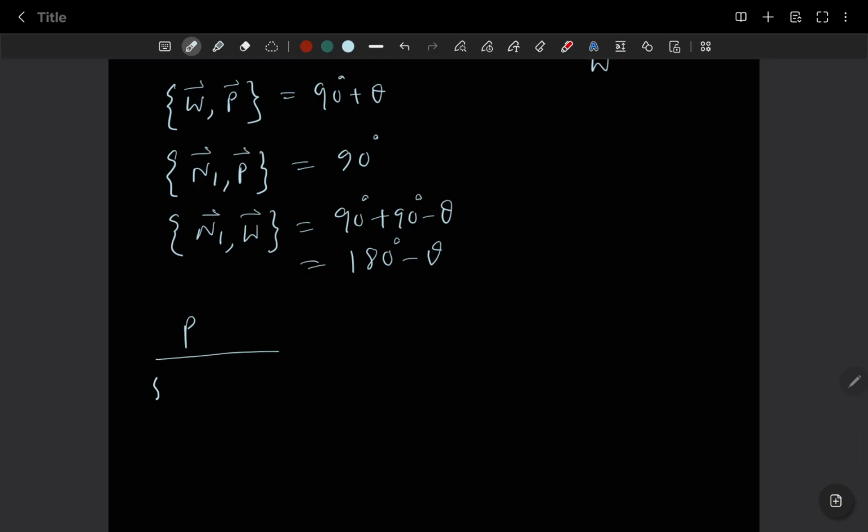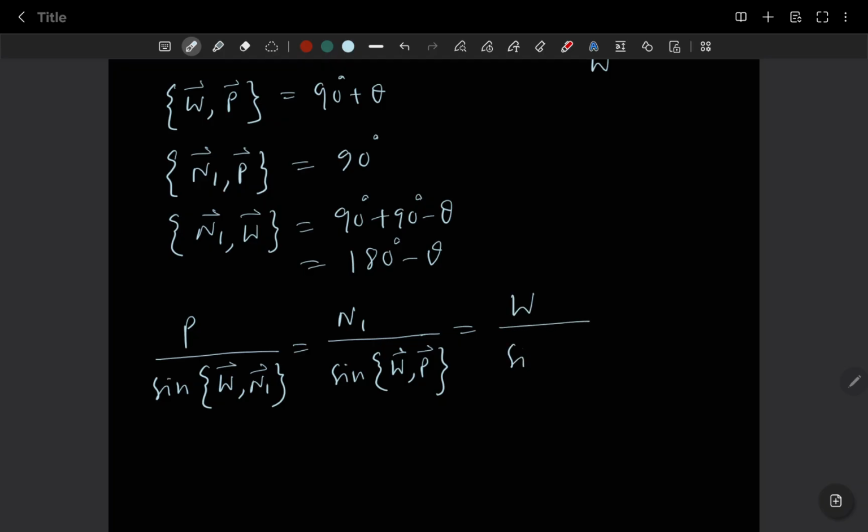P by sine angle between W and N1, the angle between the other two forces. Then let us write N1 by sine angle between W and P, and third it is W by sine P and N1.